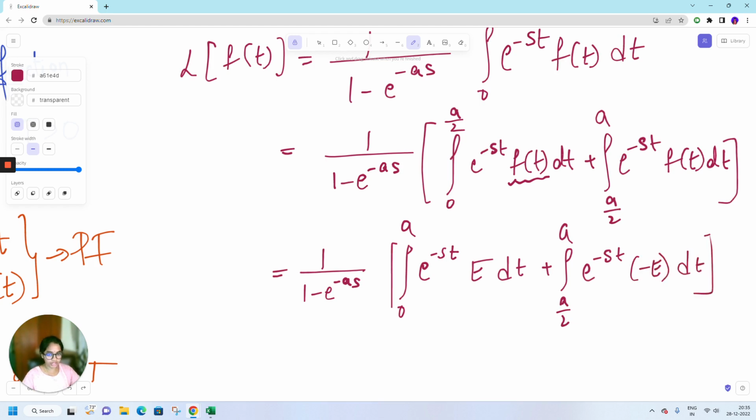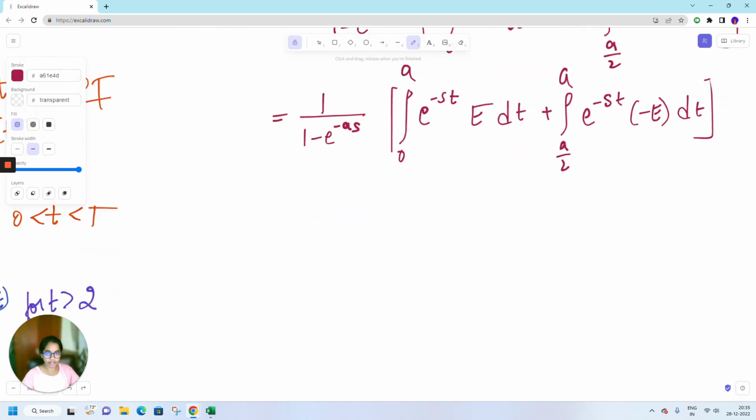Okay, so what next? I would have to write this as 1 divided by 1 minus e power minus as. See, I have e here and e even here. E is a constant, right? We are integrating with respect to t. So e is a constant. Let me take it out of integration.